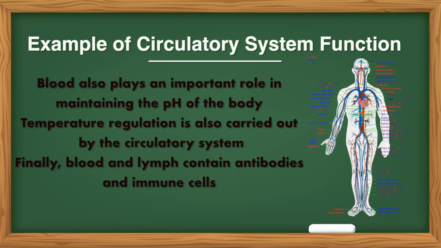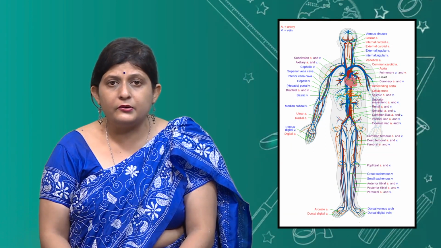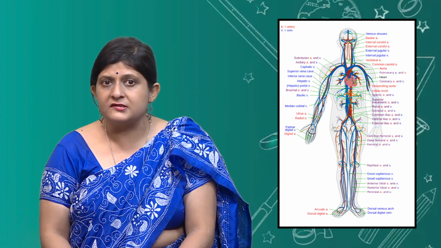Temperature regulation is also carried out by circulatory system. When the body temperature rises, there is vasodilation in the skin, leading to heat loss. During cold temperatures, blood vessels supplying blood to the limbs constrict. This constriction preserves body heat for critical internal organs.